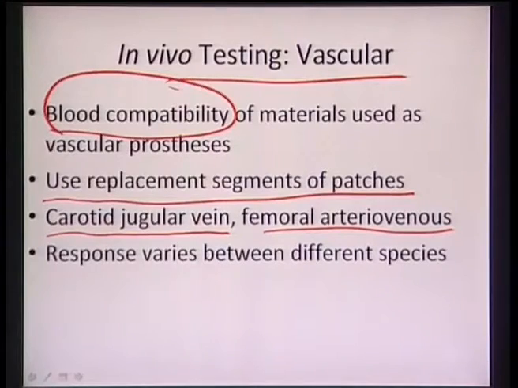Blood compatibility in vivo means, as I mentioned categorically in the last lecture, that there should not be thrombus formation when the material comes in contact with the blood, and even if the thrombus is formed, then this thrombus should be carried away from the material by continuous blood flow. So, in those two possible scenarios, you can tell the material is blood compatible.